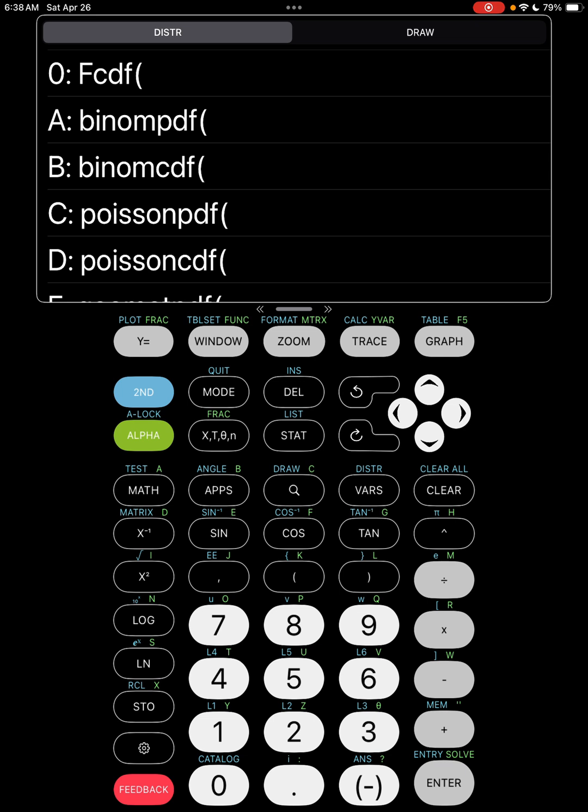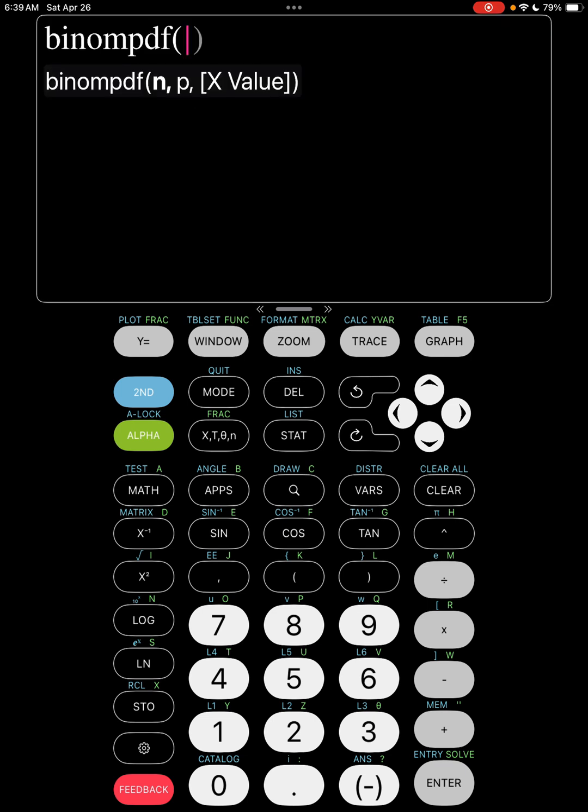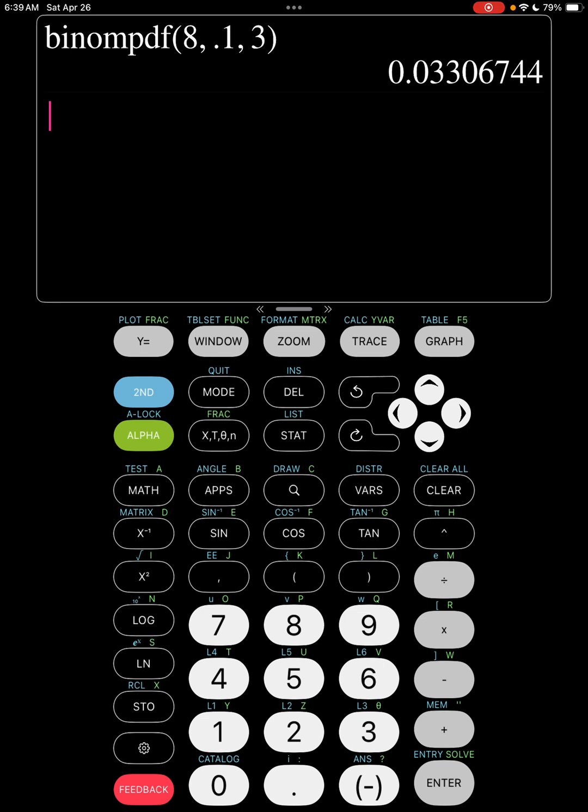So I'm going to choose binomial PDF, and this gives me kind of a clue. I have 8 light bulbs that I'm choosing, and the probability of 1 being defective is 0.1, and I want to know 3 of them being defective. And so that gives me the probability of about 3%, and that is what it turns out to be.